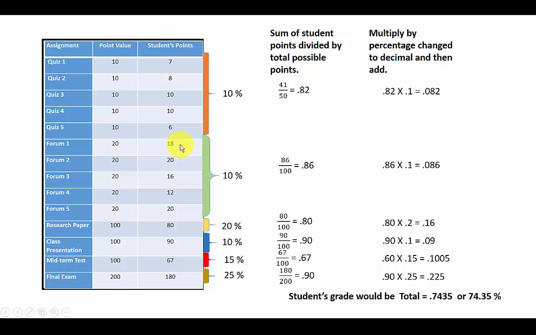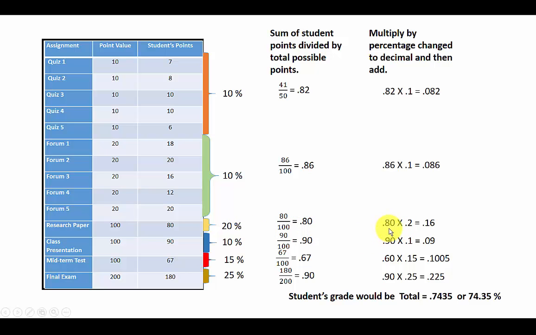Same way on the forums. I add up all my forum points, and the student has received 86 points out of a possible total of 100. That would be a 0.86 times 0.1, 0.086. Now, when I get down to these last 4, there's only one assignment in each one of these, but I made an 80 out of 100 on the research paper, and that gives me a 0.80, but it's worth 20%.